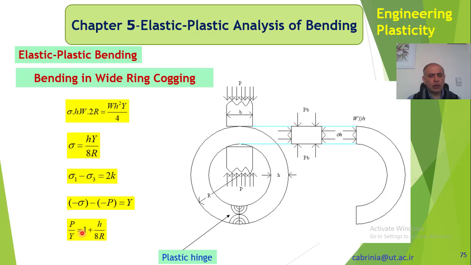So P over Y is equal to 1. That means that P must be equal to Y. You can see that we reach a very simple relationship for our process, and then we know what kind of load we should apply to it in order to deform the material and proceed with the deformation and forming this ring.